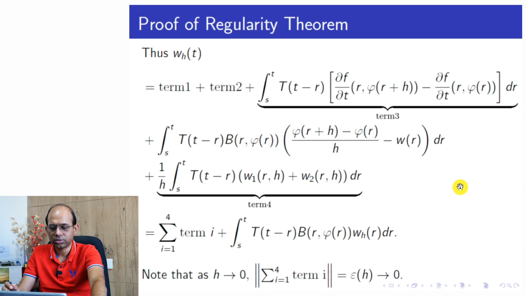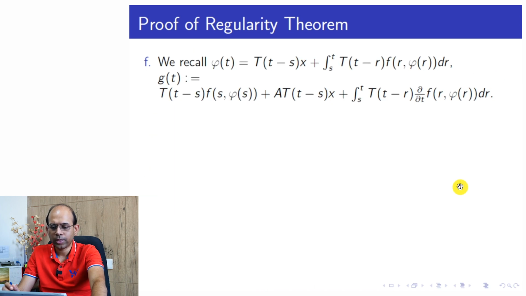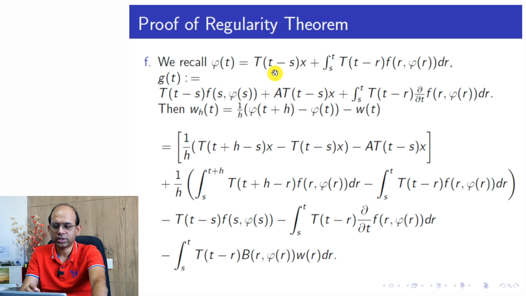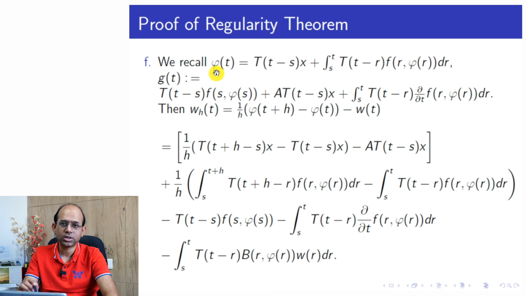Let me show you that again. Yes, phi of t is equal to T of t minus s, x, plus the integral from s to t of T of t minus r, f of r, phi r dr. So this phi appears. Even if I hide it, if I take the solution of this equation, which is the mild solution, and plug it in here, I would get something which exactly matches this phi t for all time t, correct?